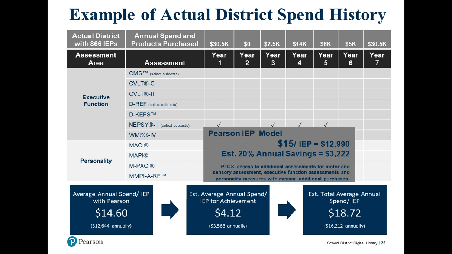When we ran the numbers for this specific district with 866 IEPs, the estimated spend on products purchased from Pearson was $14.60, but then the estimated spend on products from other publishing companies, like those achievement tests, was about $4.12 per IEP. So in the end, for this specific school district, they were actually spending about $18.72 per IEP, which is more than the $15 price for the digital assessment library.